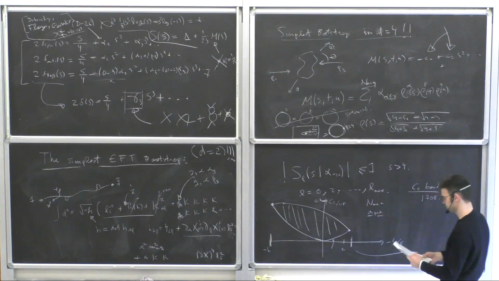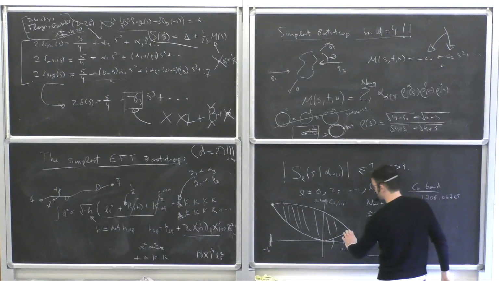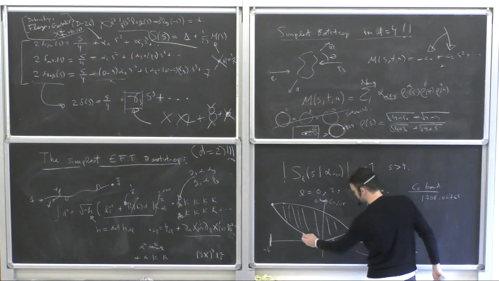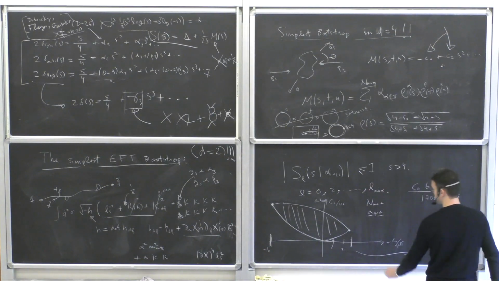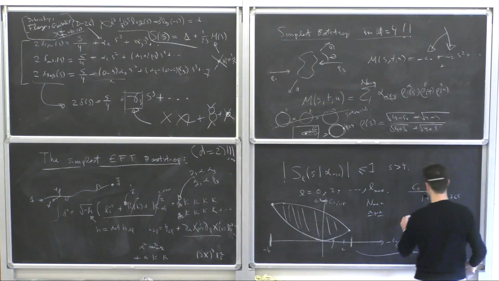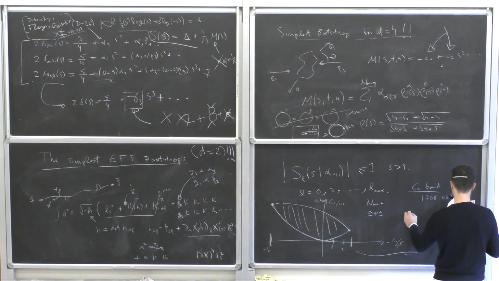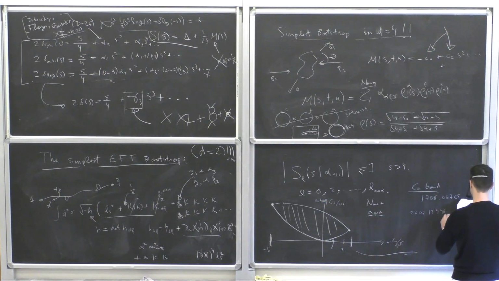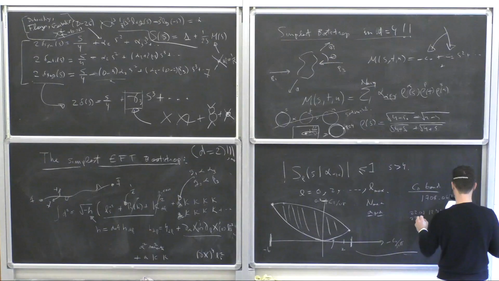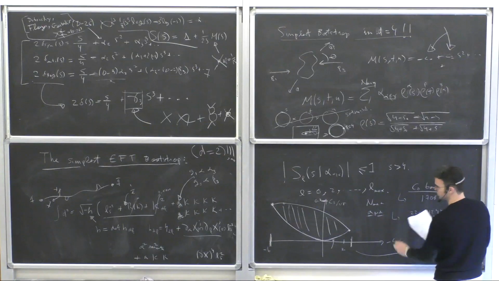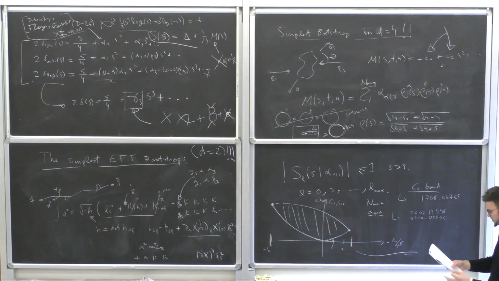If you want to learn more about the dynamics of the S matrix around the boundary, this whole plot is obtained in a couple of papers, 2107.12244 and 2210.01502. If you want to stare at these plots, these are a better version than the one on the blackboard.